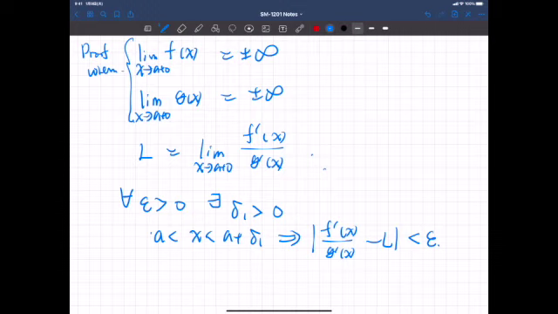So this simply states this fact, based on the definition of limits.